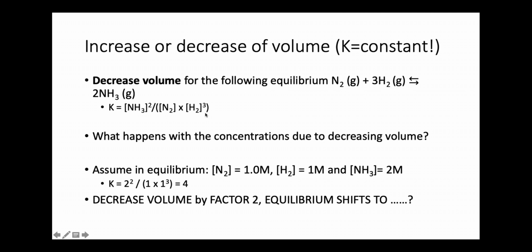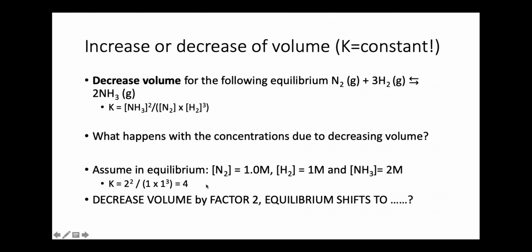What will happen with the concentration if I decrease the volume? Assume we have in equilibrium a concentration of 1 M for N2 and H2 and 2 M for NH3. When I plug these numbers into my K expression, we have a value of 4.